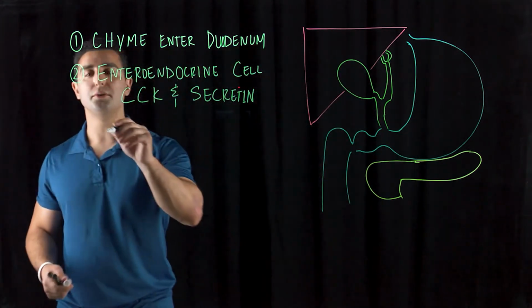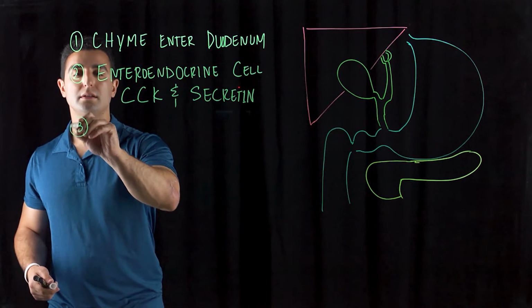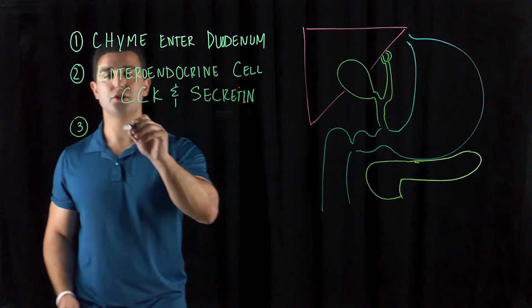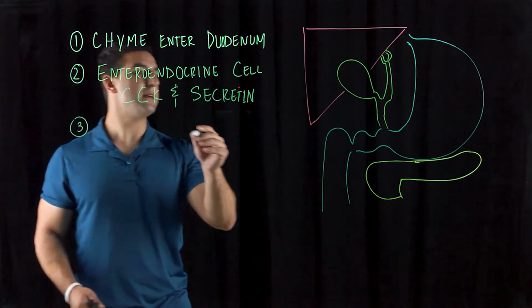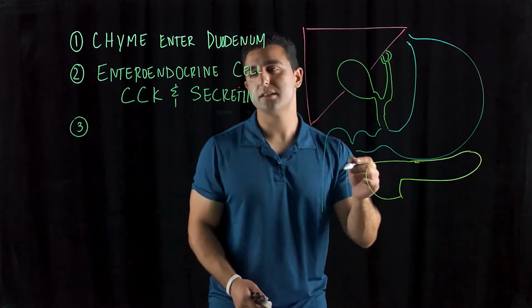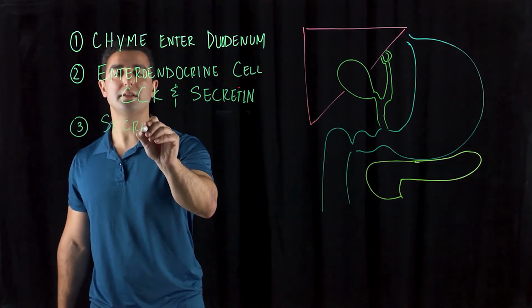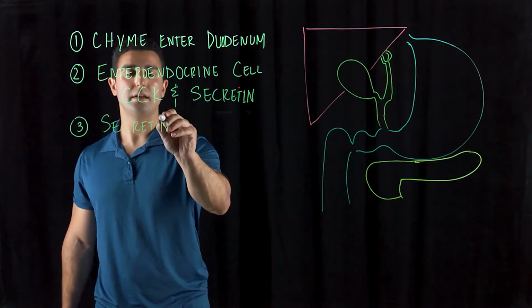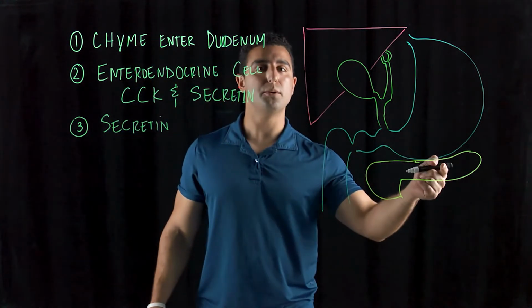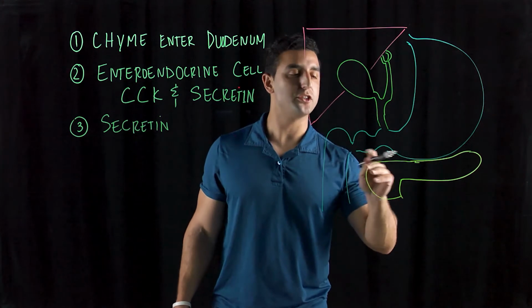And now what do they do? So, secretin's main function is it migrates to the pancreas to release bicarbonate. So you have secretin going to the pancreas. And remember, the pancreas has both an endocrine and an exocrine function.